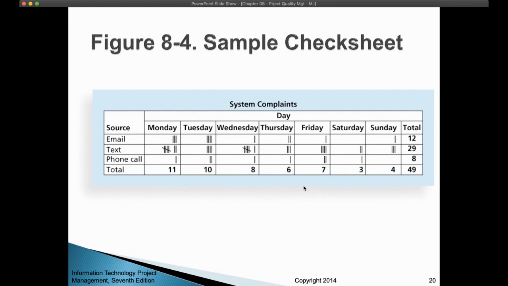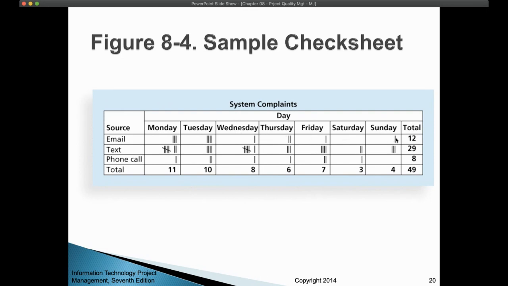People complain. Now you want to know the source of the complaint, and which of these sources it comes from. Is it from email? Is it text? Is it phone calls? So here on Monday you got 3 complaints through email and 7 through text, 1 through phone call. Tuesday you get these, Wednesday you get these, Thursday you get these.